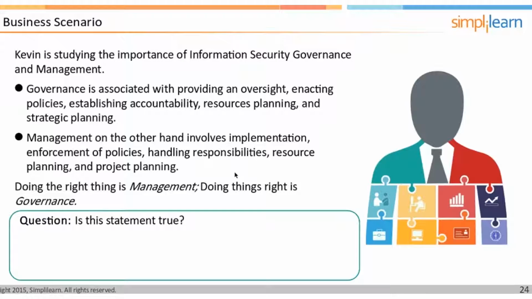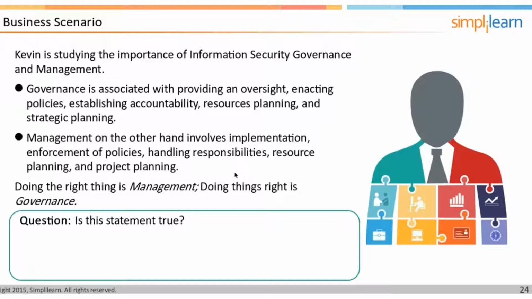Okay, here's a business scenario, and may I request Balaji to read this, please? Kevin is studying the importance of information security governance and management. Governance is associated with providing oversight, enacting policies, establishing accountability, resource planning, and strategic planning.